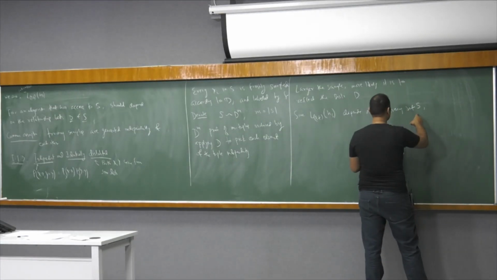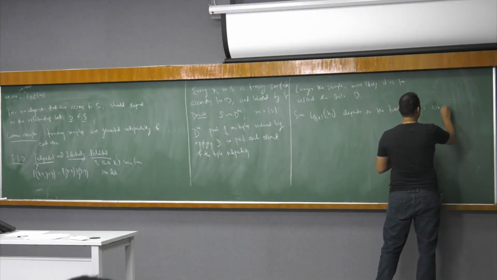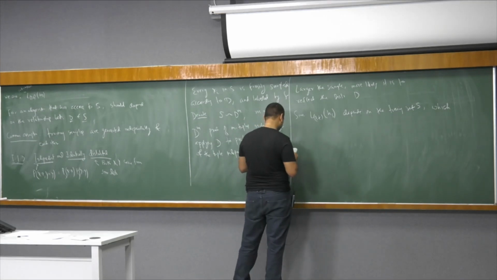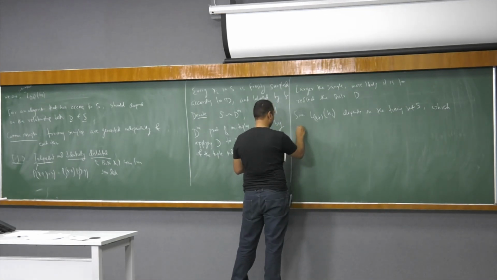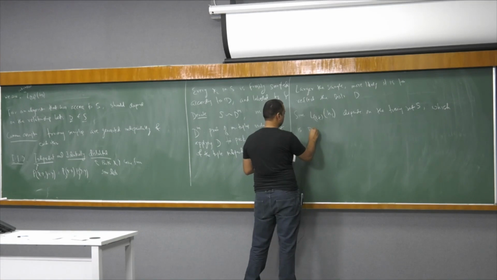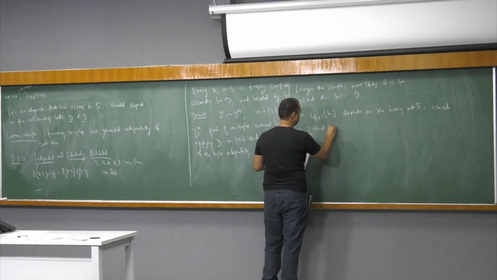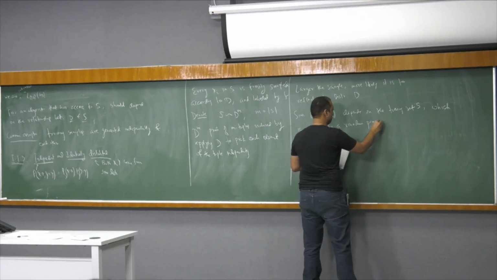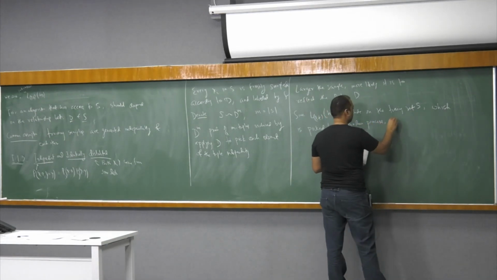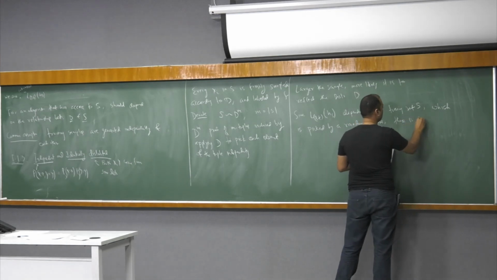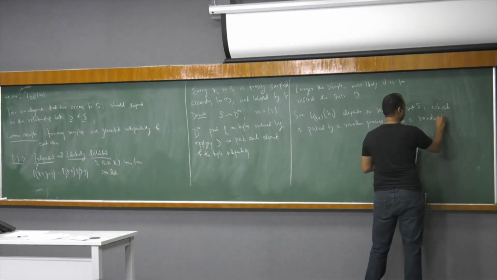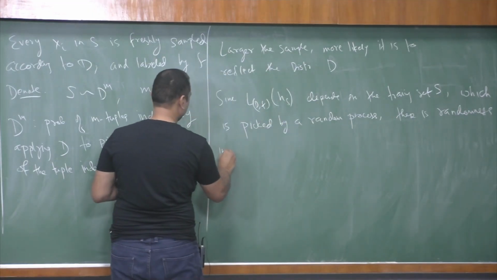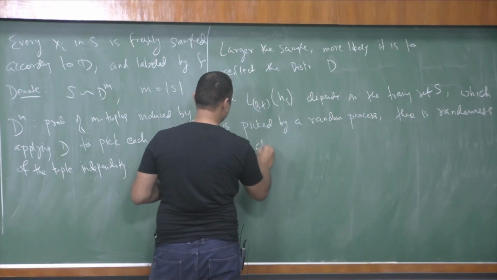So it depends on the training set S, which is generated, picked by a random process, there is randomness in the choice of the predictor h_S.